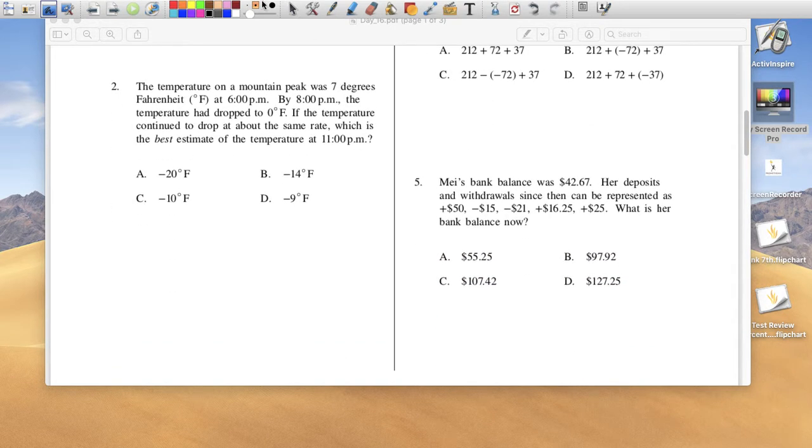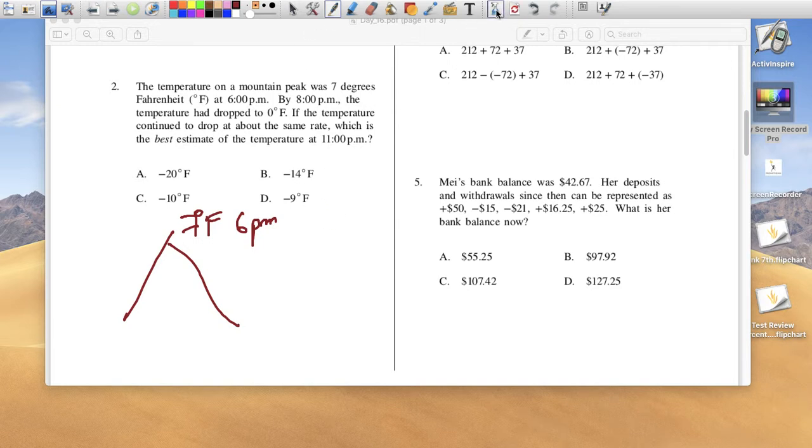Number 2, the temperature on Monday on the mountain peak was 7 degrees Fahrenheit at 6 p.m. By 8 p.m., the temperature had dropped to 0 degrees.